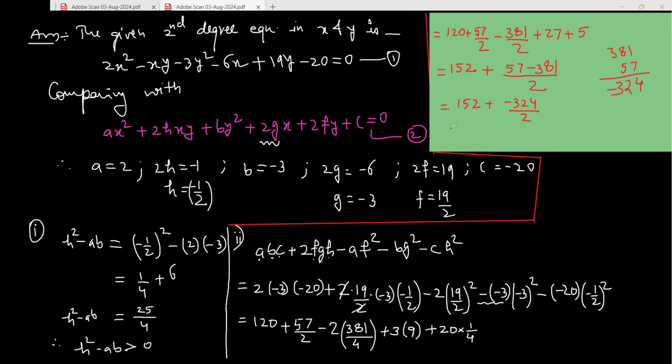So this is 152, plus of minus is minus. 3 ones are 3. Then this is 6. Did I make a mistake? Somewhere I'm committing a mistake, it seems. Wait.